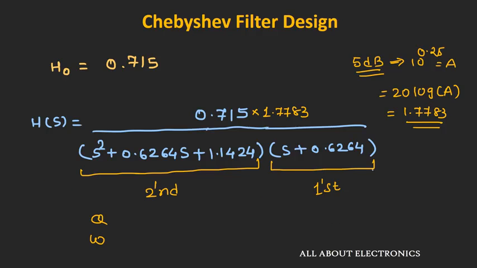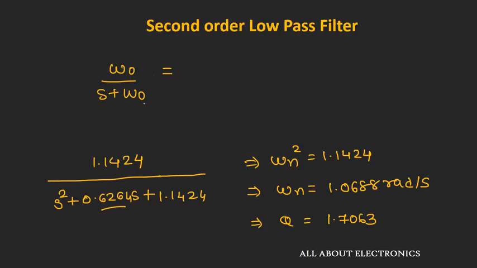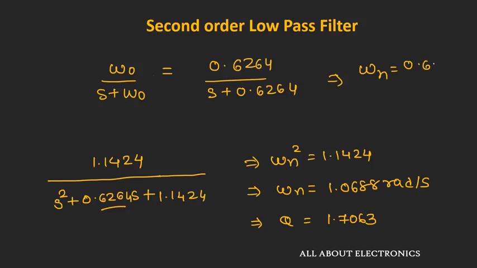Similarly, if you compare this first order stage with this expression, then you will get 0.6264 divided by s plus 0.6264. That means for this first order filter, the cutoff frequency omega n will be equal to 0.6264. So these are the parameters which are required to design our Sallen-Key filter.